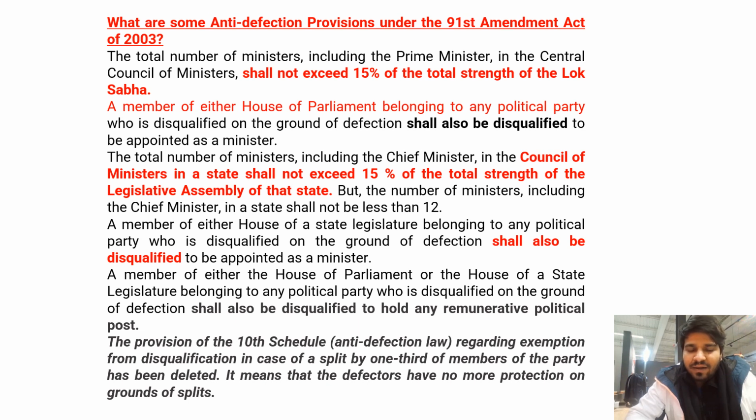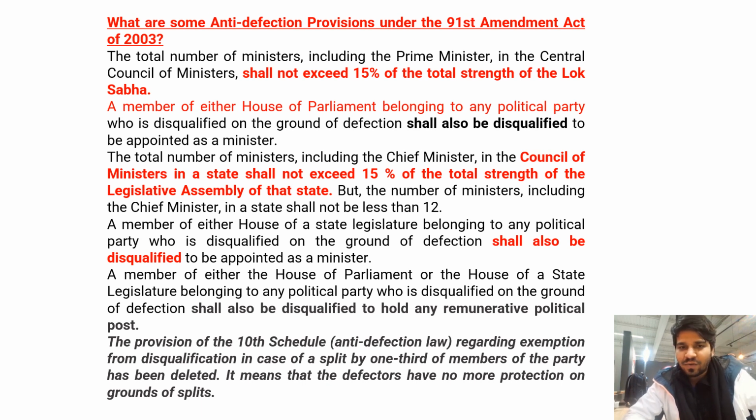But it must be noted that in the case of a state legislative assembly, the council of ministers, including the chief minister, should not be less than 12. They should not be less than 12 in any case, right?